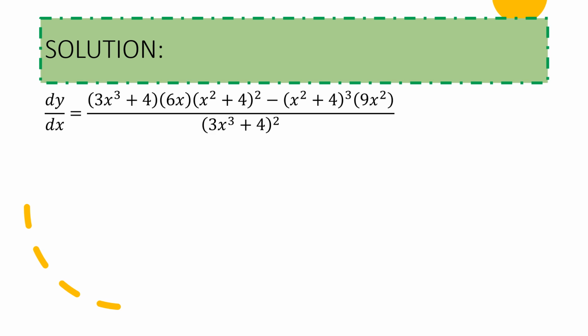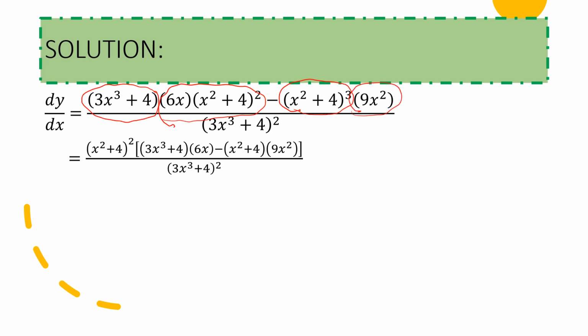So we will substitute into the quotient rule, which is (vu prime minus uv prime) over v squared. Therefore, dy/dx equals (v times u prime minus u times v prime) over v squared. So from that, we can factorize the factor (x squared plus 4) squared.